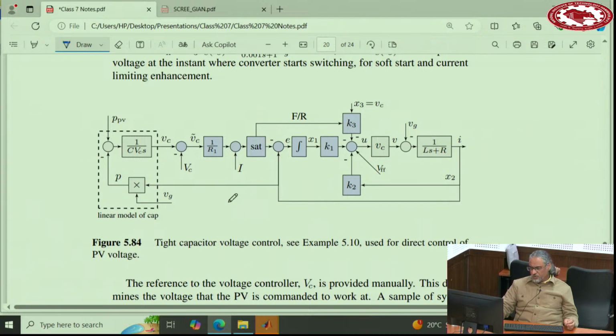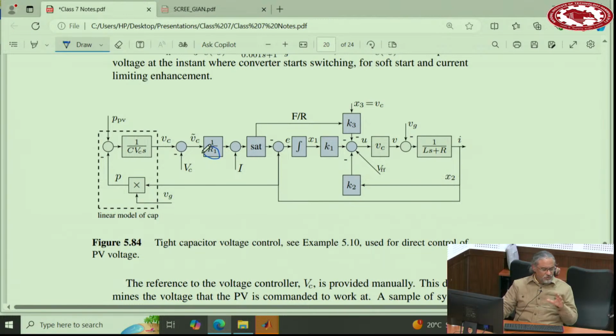And I used this controller that we discussed before. Here I use the tight voltage controller because there is no reason to use inertia. If you want to use inertia, you can add those as well. I used tight controllers with very small R1.